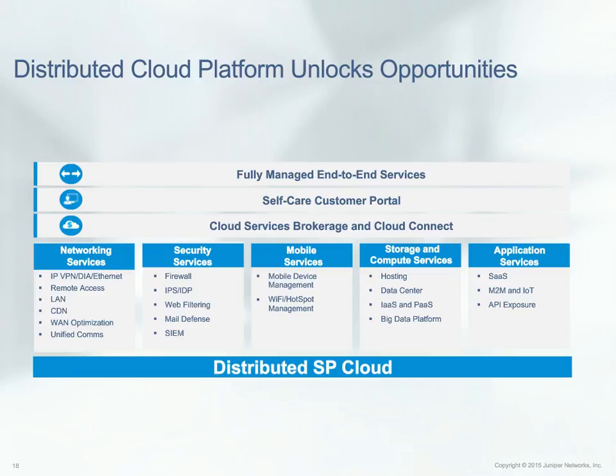If you then move up the stack and look at the broad range of services you can offer through this type of model, there are network services, a whole wide range of security services, mobile services, storage and compute services, and then moving up to the services and application layer, a wide range of capabilities.